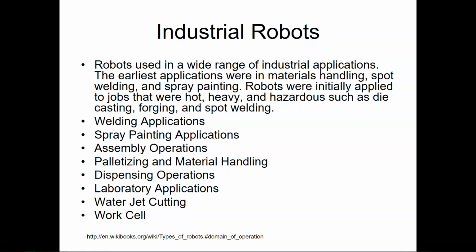Sewing is a big one, and casting is a big one. Welding, I don't know how many people in the class are welders, but welding's a hot, nasty job. And there are some spaces where if a human crawled into it, it would cause severe problems when they're trying to work in it because of the fumes. So that's why you see robots put in a lot of those applications.